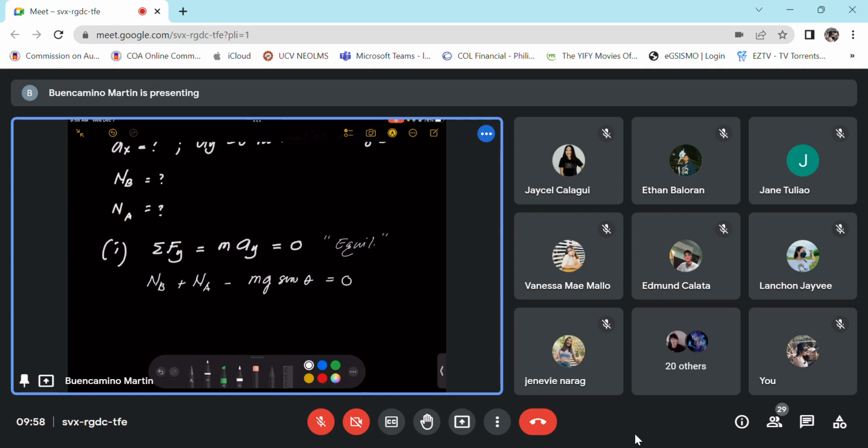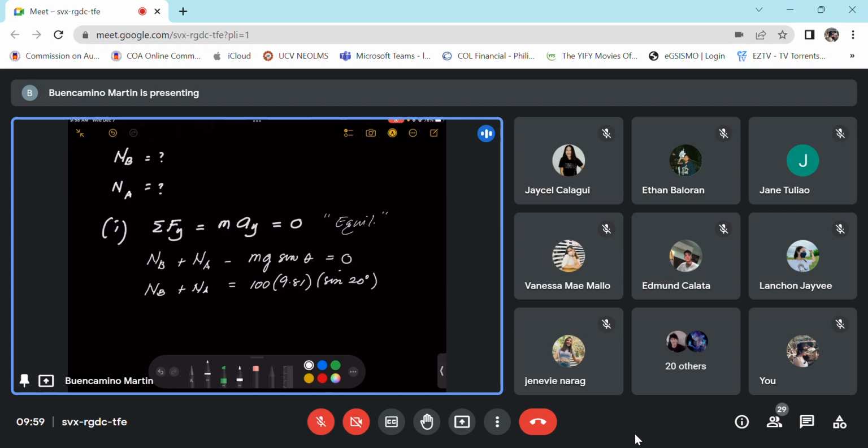Okay, so we can see that NB plus NA would now be equal to 100 kilogram times 9.81 times sine of 20 degrees. Okay, or NB plus NA would be, complete, 100 times 9.81 times sine of 20 degrees.